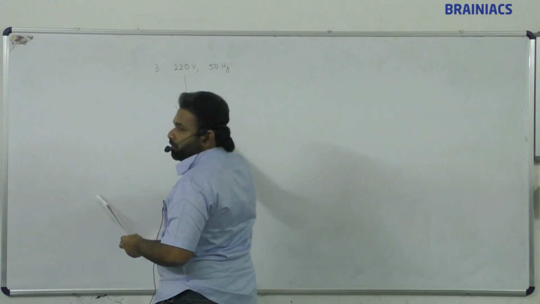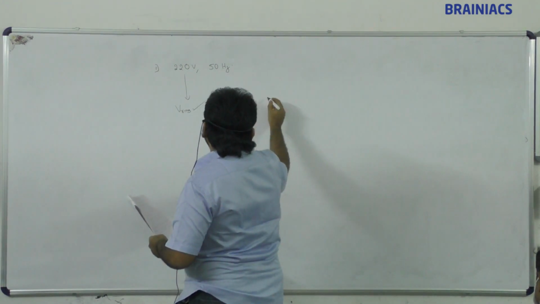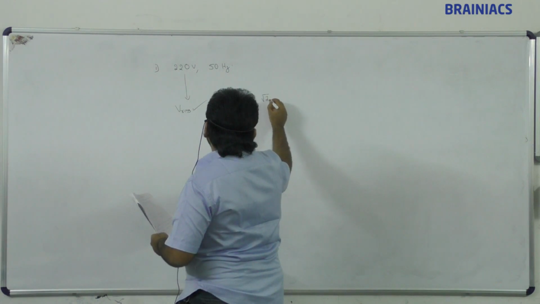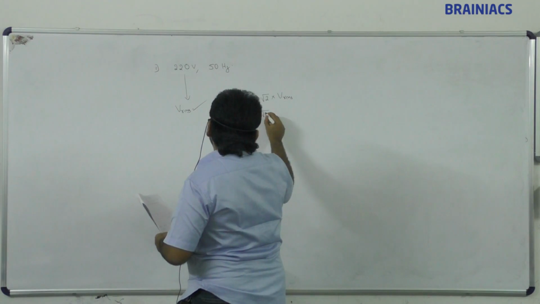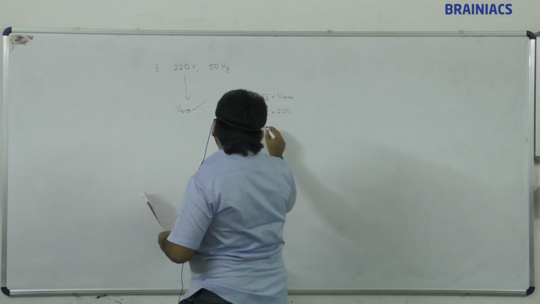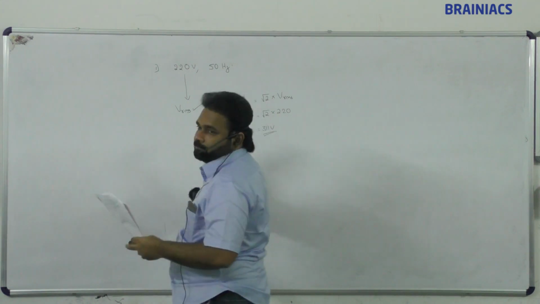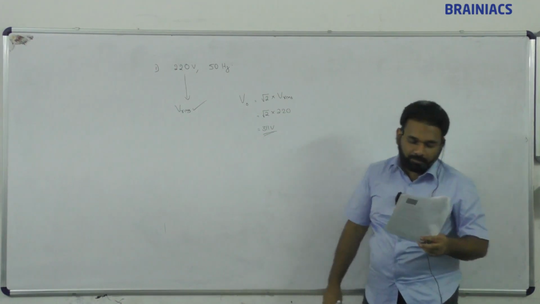So one question is over. What is the peak voltage? V naught is root 2 into VRMS, so this is root 2 into 220, somewhere around 311 volt. Done. We will see fundamentals, then we will slowly increase the complexity.